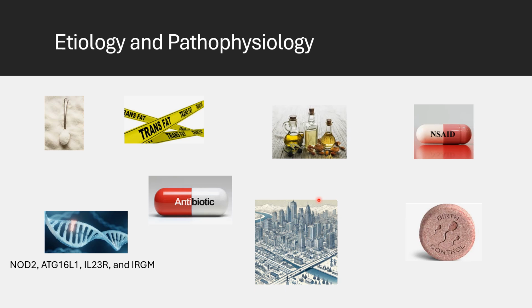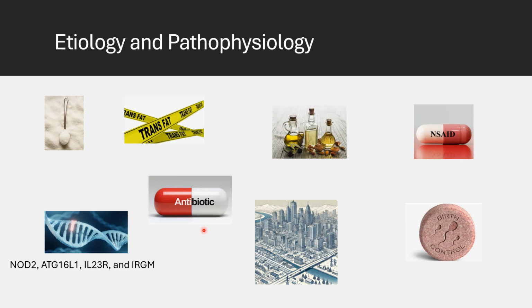As you see here, some people have a problem digesting omega-6 fatty acid, trans fat, and sugar, which increases the risk of IBD in patients as well as ulcerative colitis.